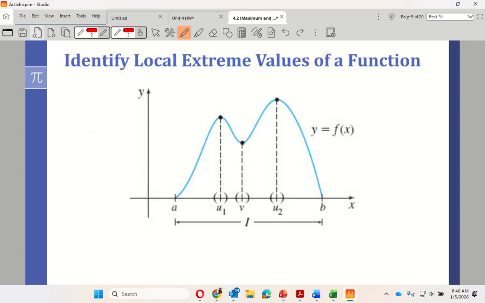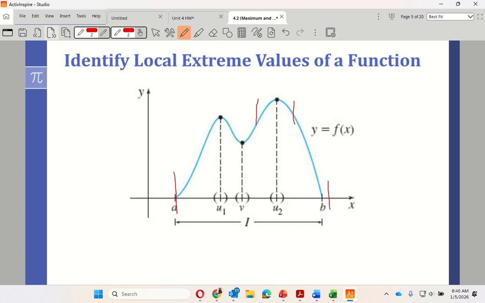Remember when we did this one over here? This is a local in between here and here, right? And it just so happened to also be the absolute max for here to here. A local can be an absolute also.